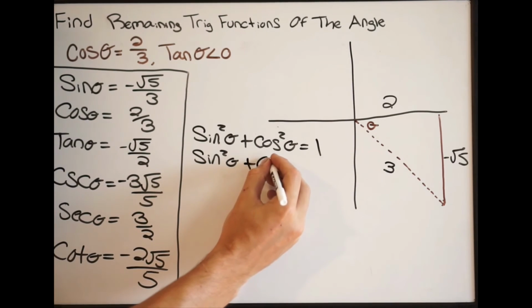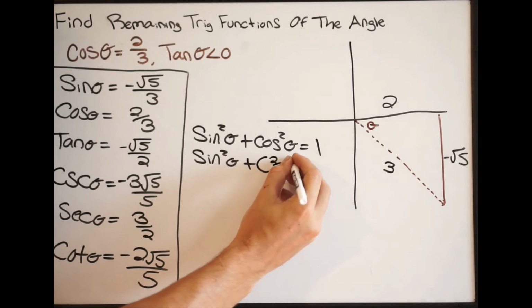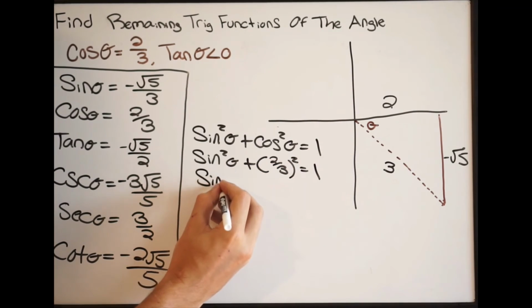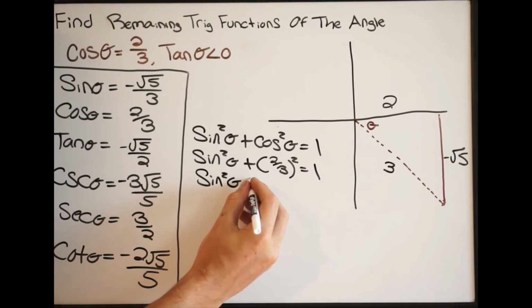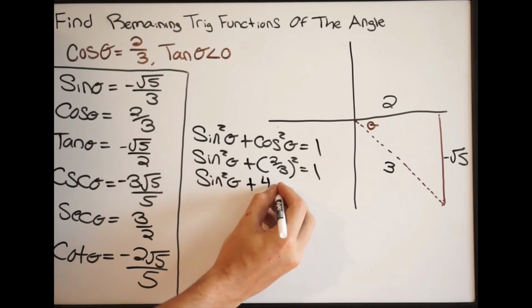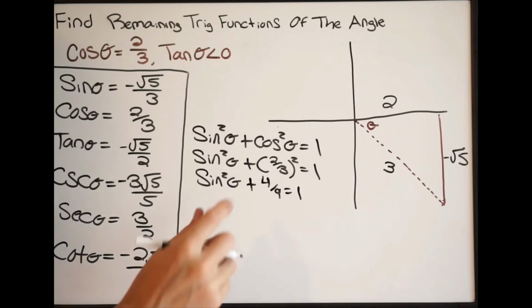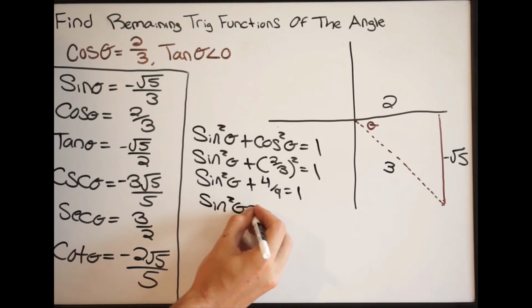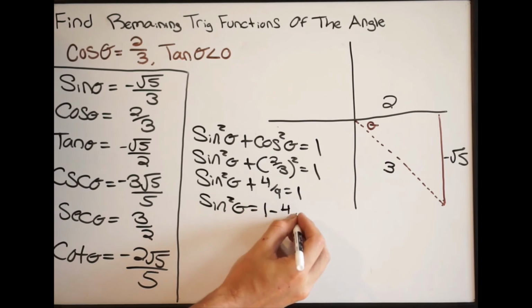So this becomes 2 over 3 squared equal to 1. And then continuing on, sine squared theta plus 4 over 9 equal to 1, minus 4 over 9 on both sides, so you get sine squared theta equal to 1 minus 4 over 9.